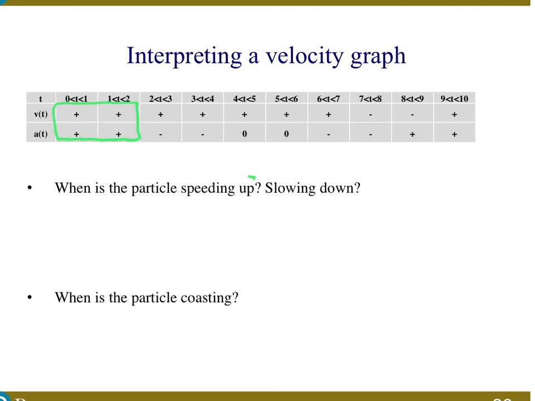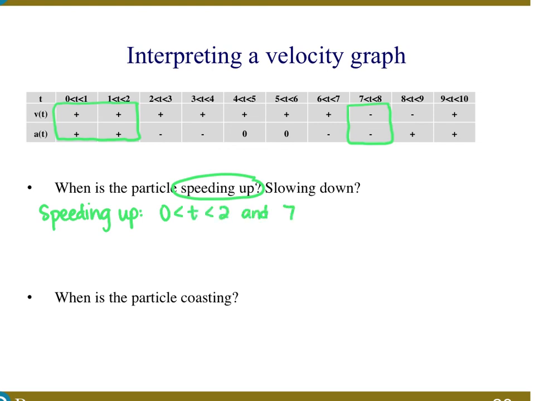So speeding up is going to be from 0 through 1 up till 2, and again from 7 to 8. And if you had to answer why, it's because it's the same sign of the velocity and the acceleration.